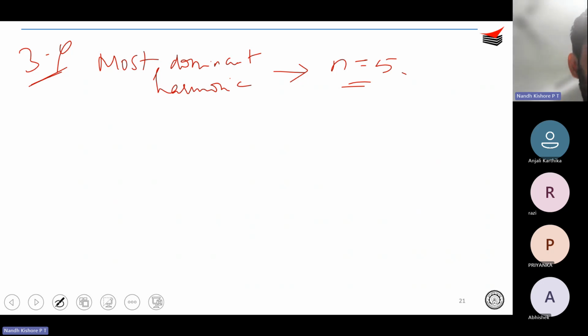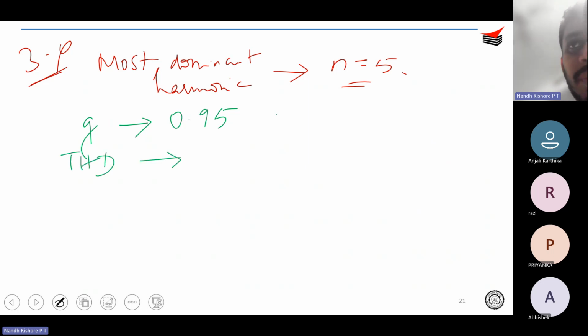So over here, we derived that your G, or the distortion factor, is 0.95. Over single phase, you saw that G is 0.9, right? So for the three phase case, the G is 0.95.